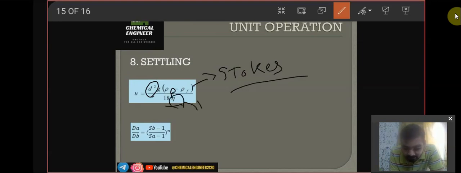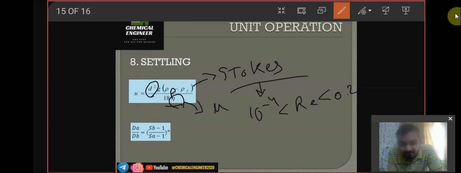Here we generally use mu, but if it is eta, remember it as viscosity. This Stokes equation is valid for Reynolds number 10 raised to minus 4 to 0.2. We have different equations as well, so the derivation is not required to be remembered, but remember this equation as well.